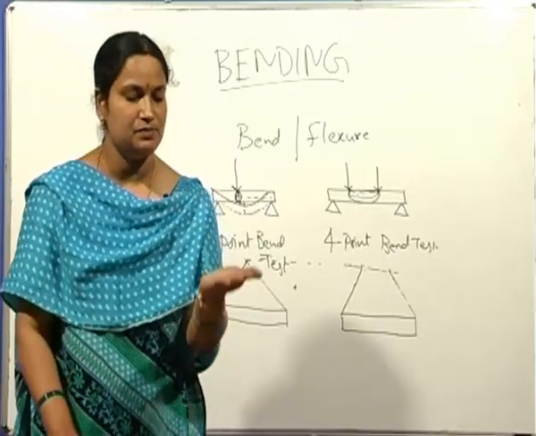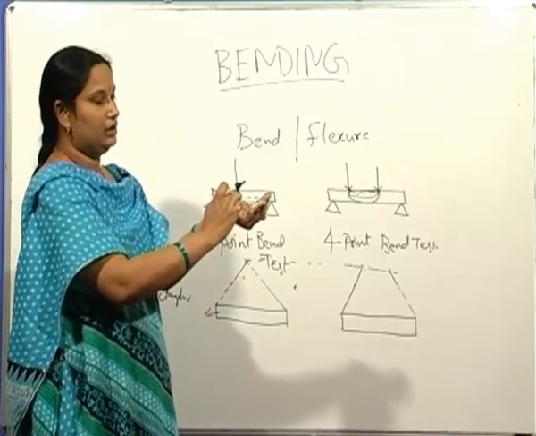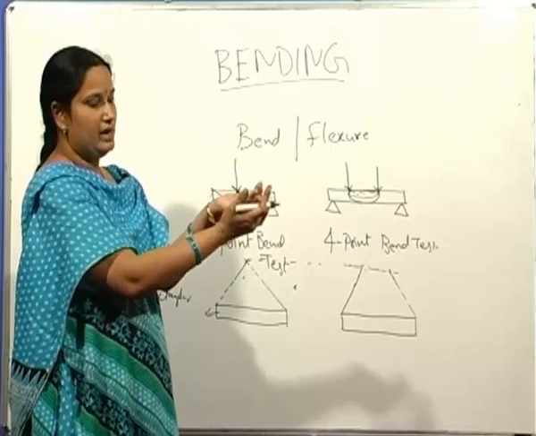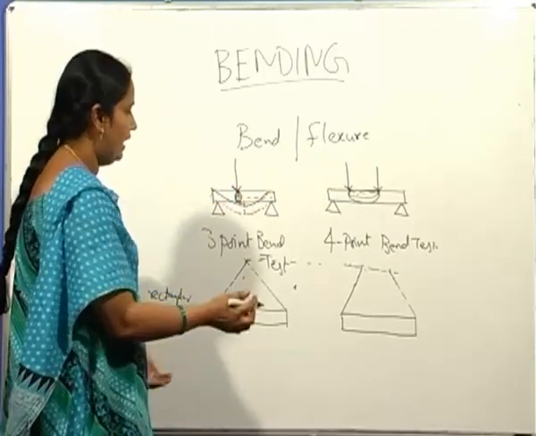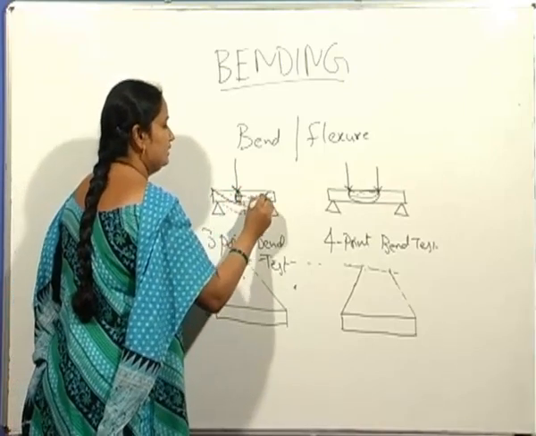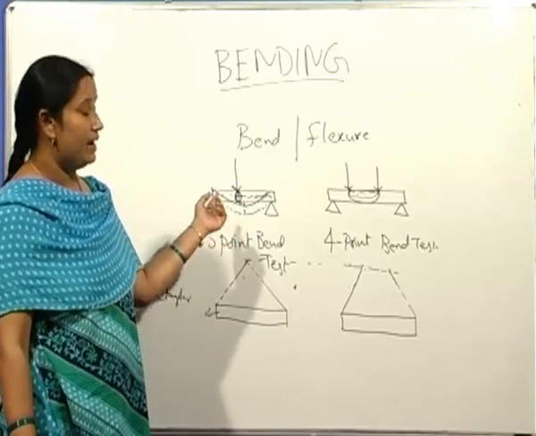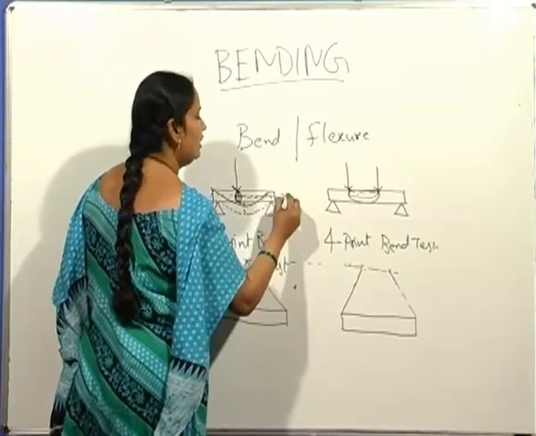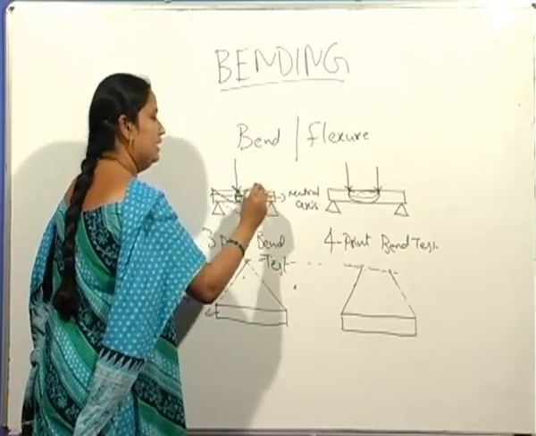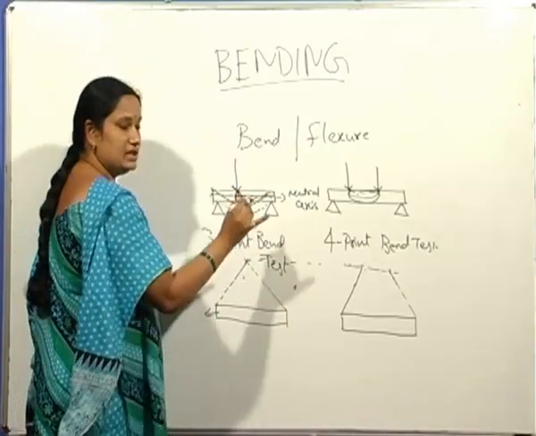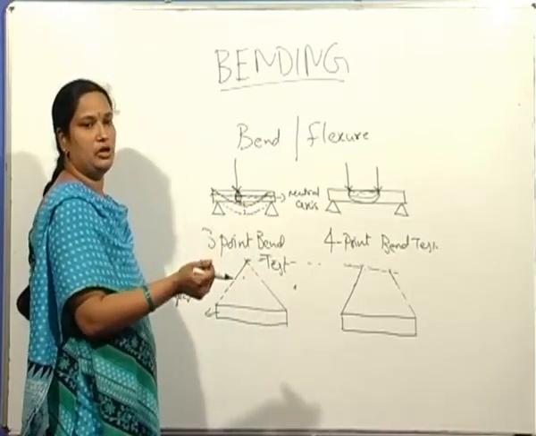At the center there is neither compression nor tension, and this is known as the neutral axis, where the fibers at the mid are neither subjected to tension nor compression.